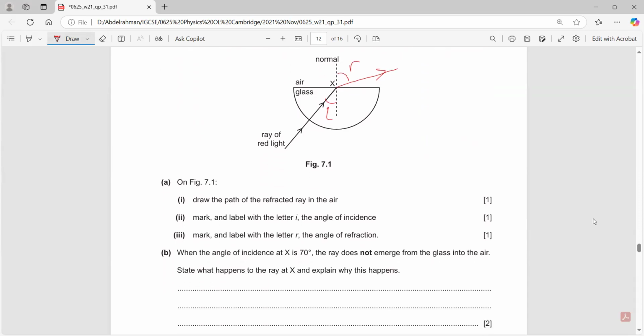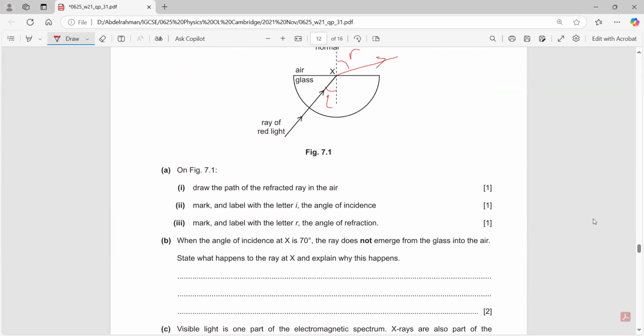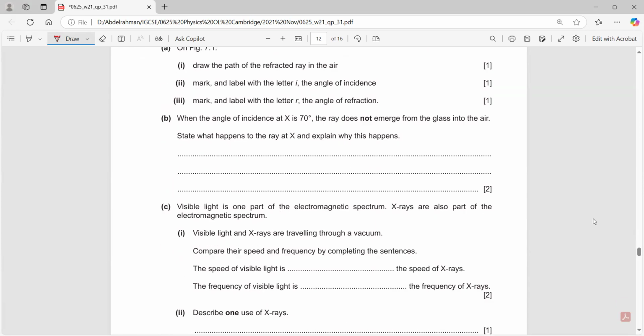When the angle of incidence is at 70, the ray does not emerge from the glass into air. What happens to the ray X and why does this happen? The angle is too large. If the angle is too large, what happens? Total internal reflection.